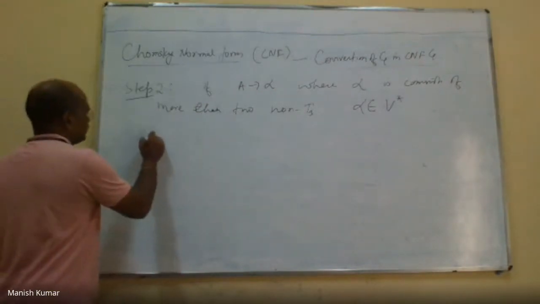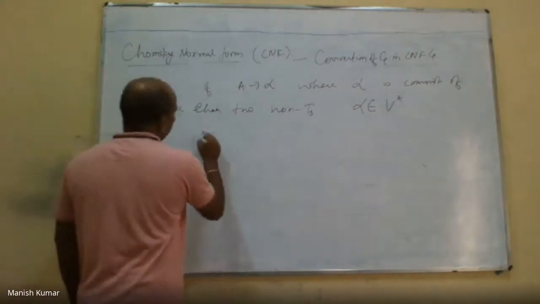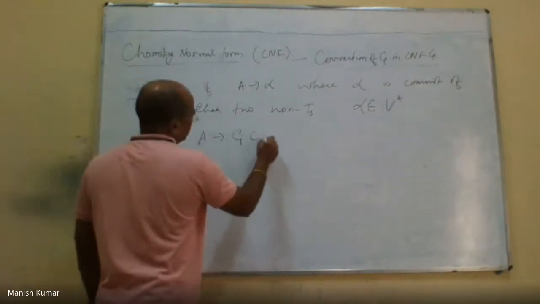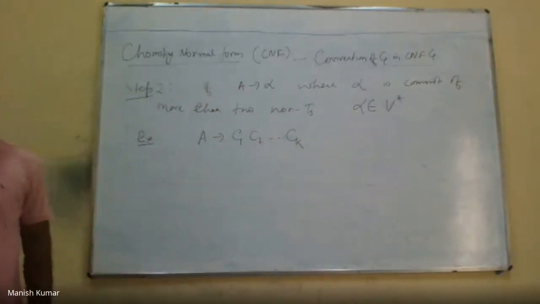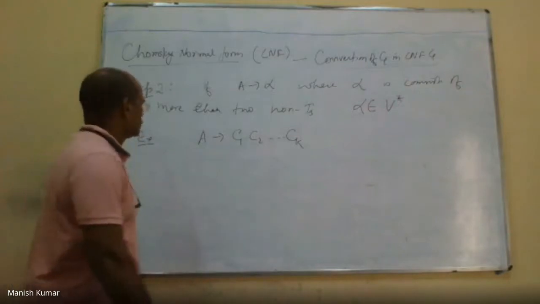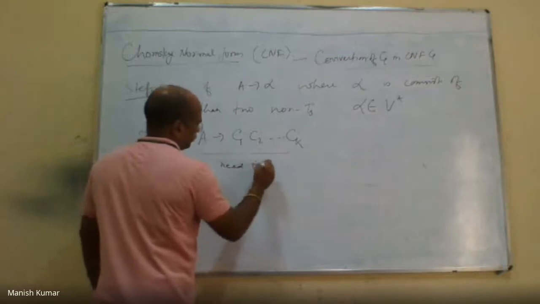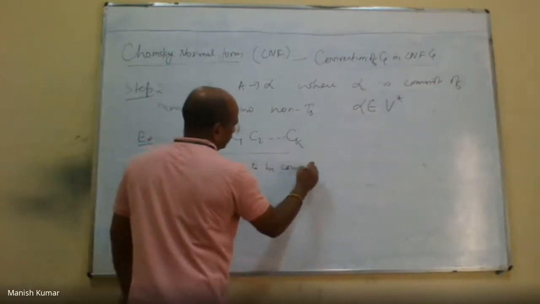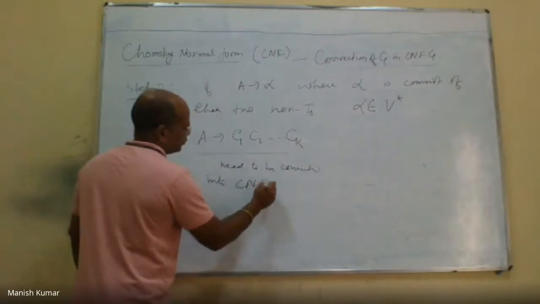For example, there may be a case that A is like this. Now I have to convert this into CNF types.